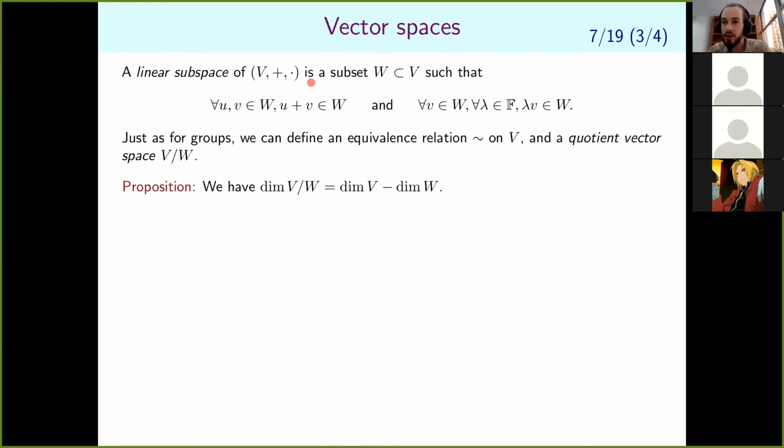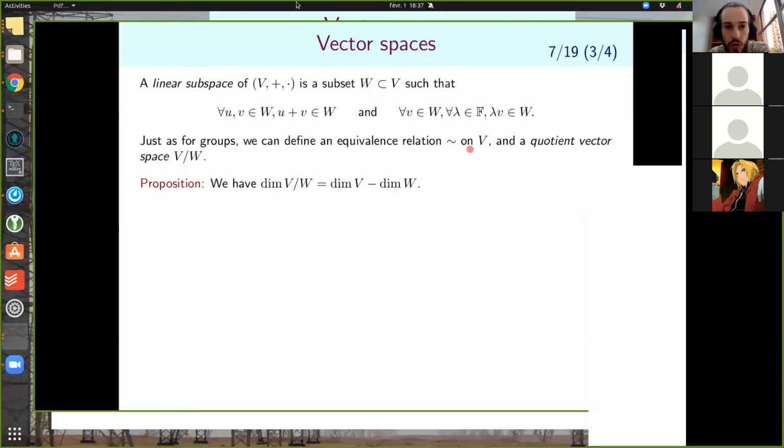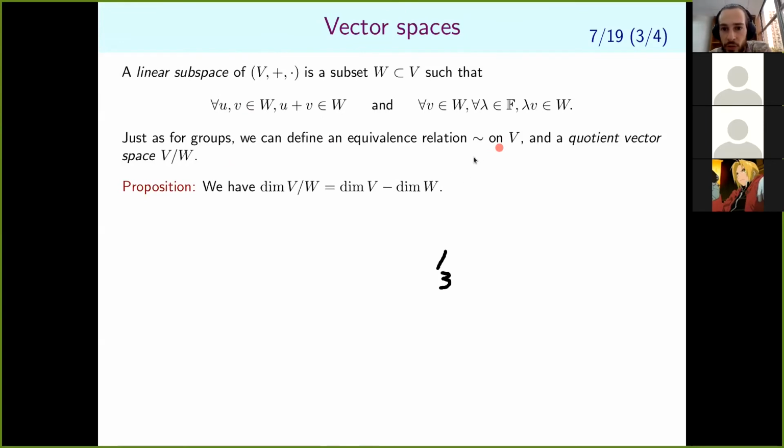And we can define on V an equivalence relation, just as before. We say that A is equivalent to B if and only if A minus B is in W. You can define equivalence classes.